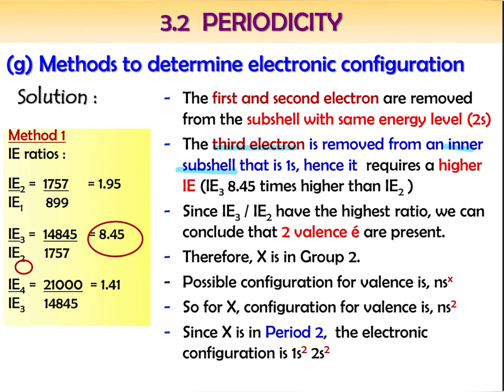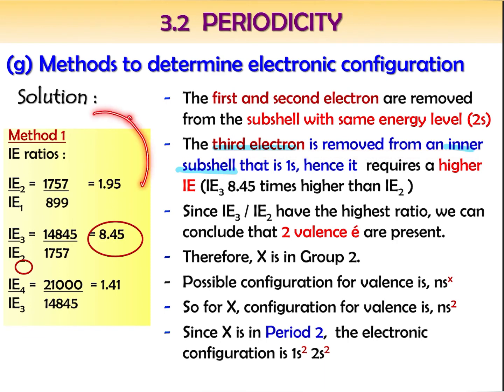If you compare IE3 dengan IE yang ke-2. Alright, so if you have the highest ratio here, means the element ataupun atom X ni tadi, maksudnya dia ada 2 valence electron. Okay, so the third electron is being removed from the inner shell, maksudnya outermost shell tu.